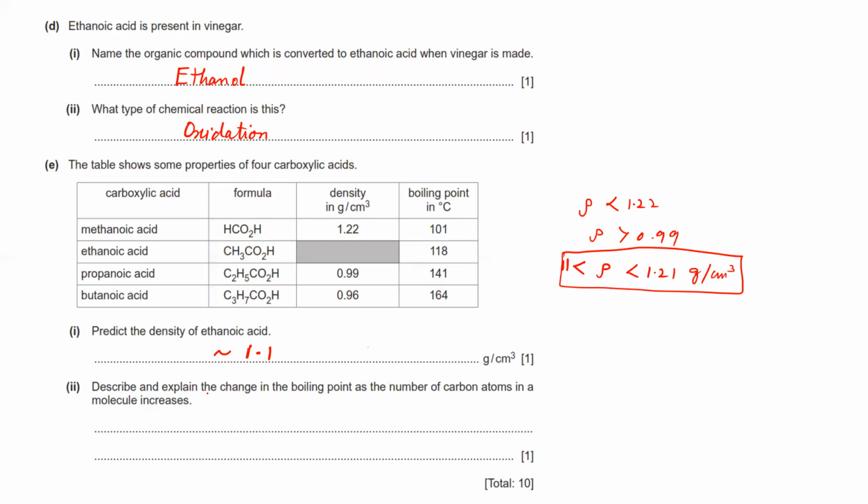So first of all, boiling point increases as the number of carbon atoms increases.